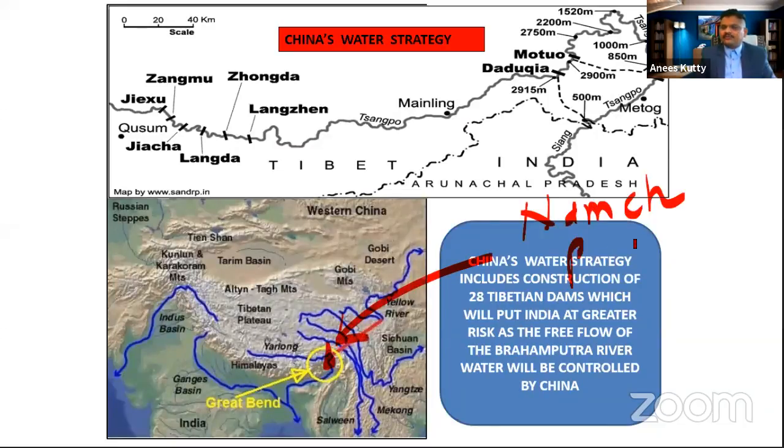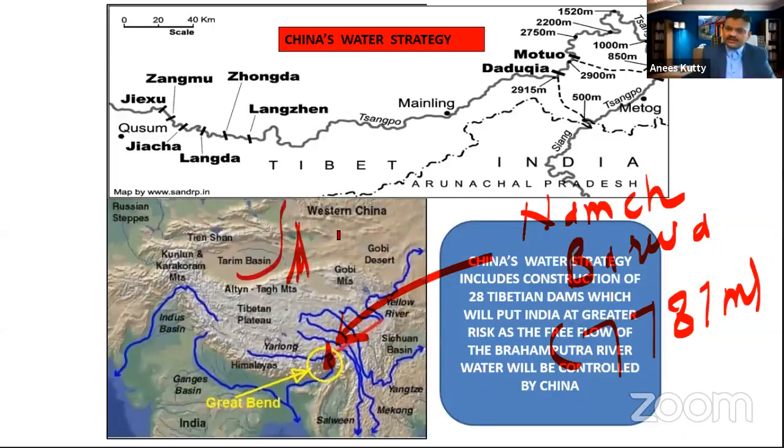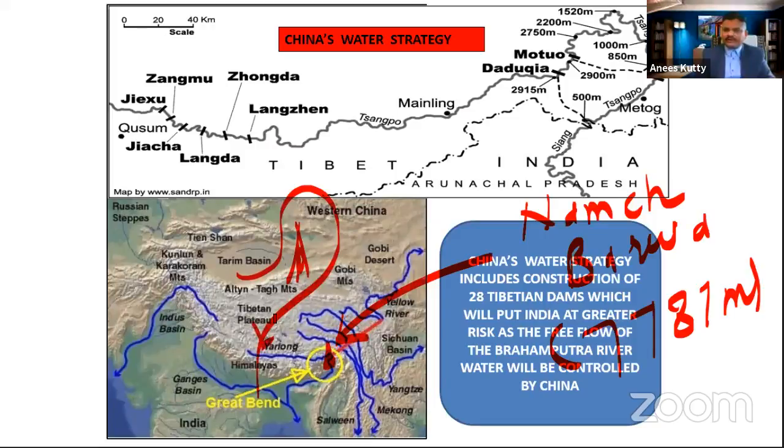Write down Namcha Barwa. It is 7787 meters in height. It means that after taking a turn around this peak, the Brahmaputra enters India. Now, why do I discuss this point?